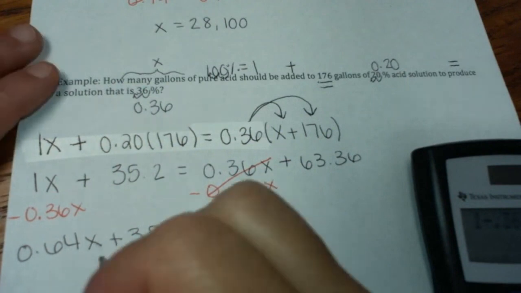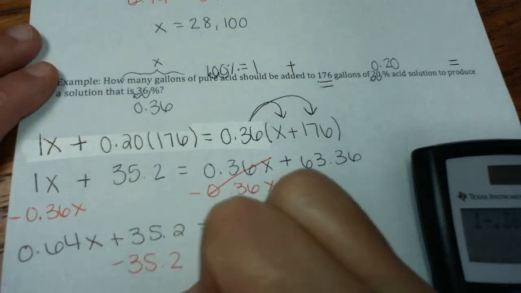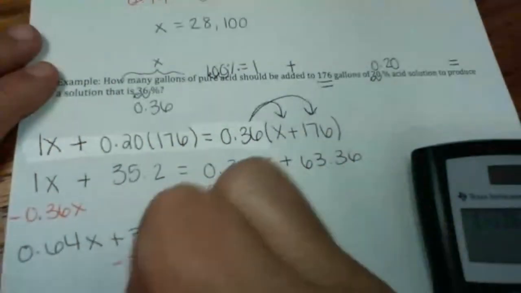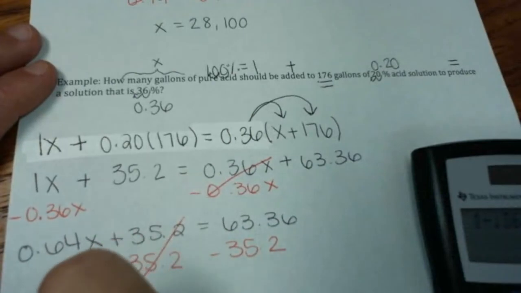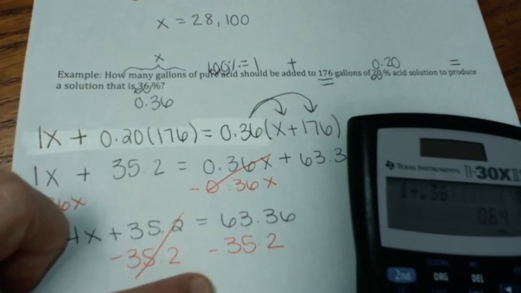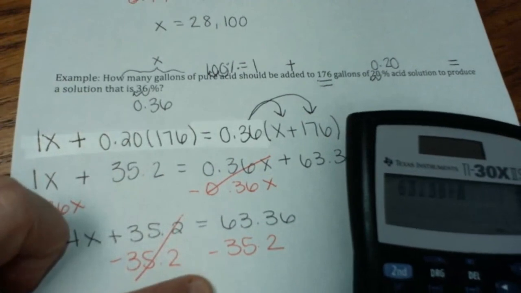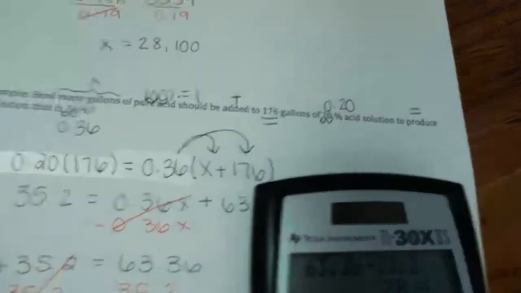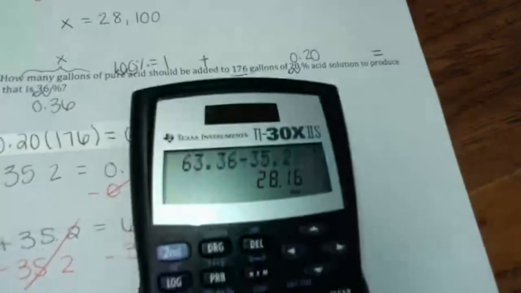Almost done getting x by itself. Let's subtract that 35.2 from both sides. And we got 0.64x equals 63.36 minus 35.2. And that will give us 28.16.